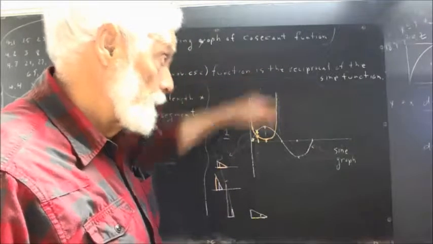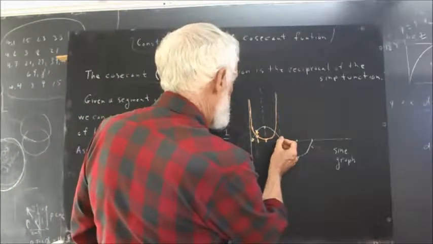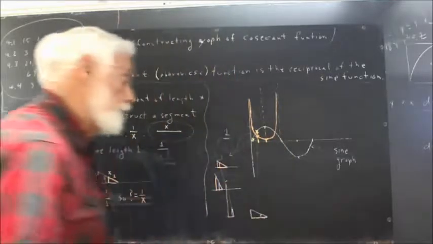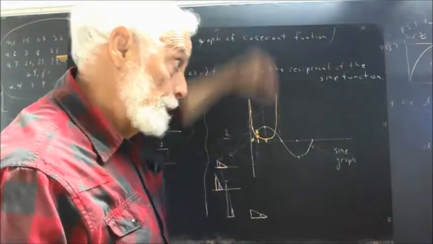And we can see why this asymptote occurs, because, of course, as we get closer and closer to this point, our segments, again, get shorter and shorter. So when we construct the reciprocals, our results will be bigger and bigger.